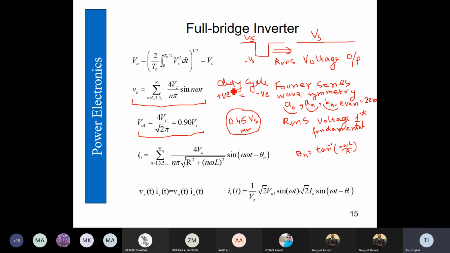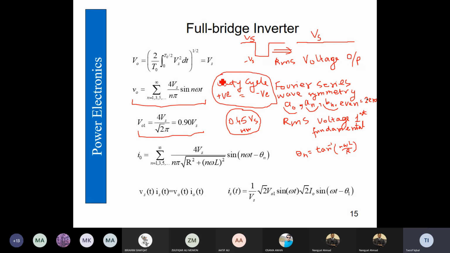Second is the magnitude should be equal to Vs. And as far as full bridge is concerned, because now we have only the DC supply, although we have connected two capacitors, we are not using the midpoint of those two. So therefore we are not concerned about the mismatch between C1 and C2. Whatever is the combination of C1 and C2, we are going to get the total voltage across the capacitors equal to Vs. So there is no problem in case of magnitude, only the problem is the duty cycle.